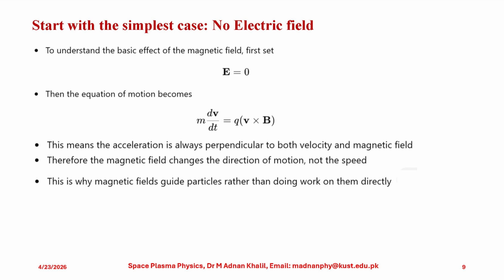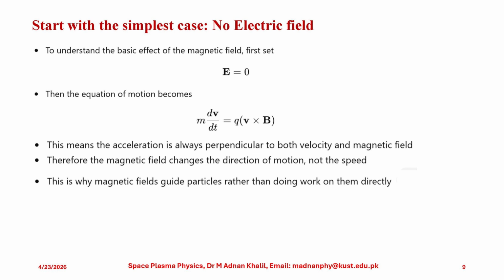The simplest possible case is chosen first by setting the electric field equal to 0. Then the equation of motion becomes mass times dV by dt equals Q times V cross B. This means the acceleration is always perpendicular to both the particle velocity and the magnetic field. That has a very important consequence. A force that is always perpendicular to the velocity cannot change the speed of the particle.